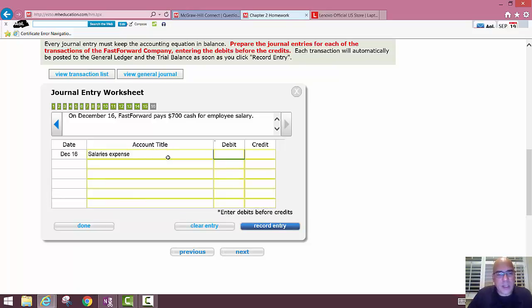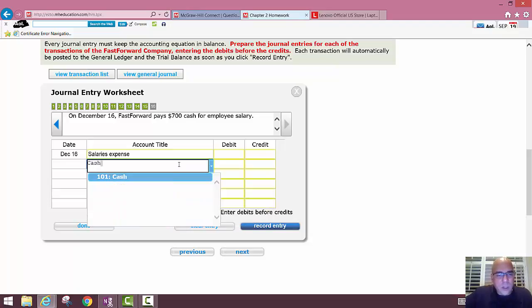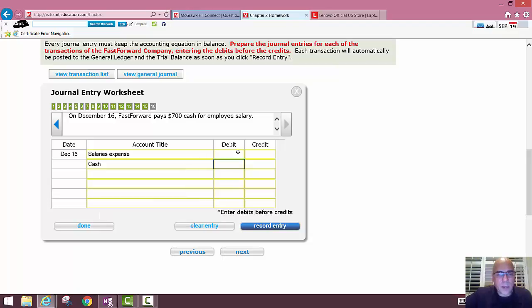Debit salary expense, credit the cash. Okay, there's our credit to cash. And so we're going to debit salary expense, $700. We're going to credit the cash, $700.